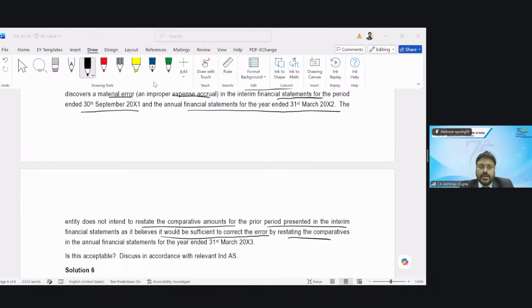Okay, what is your answer now? How to go about this error correction? Yes, how to go about this? One line, two lines, whatever you want to say.